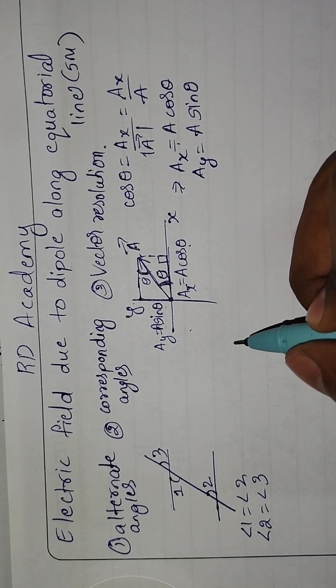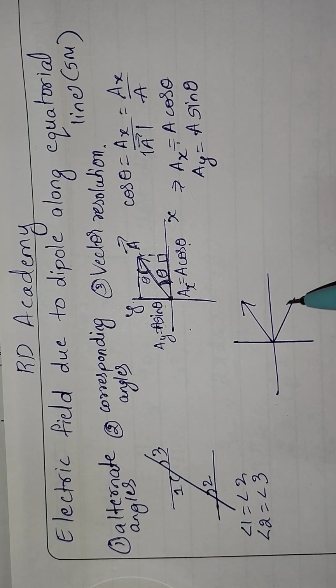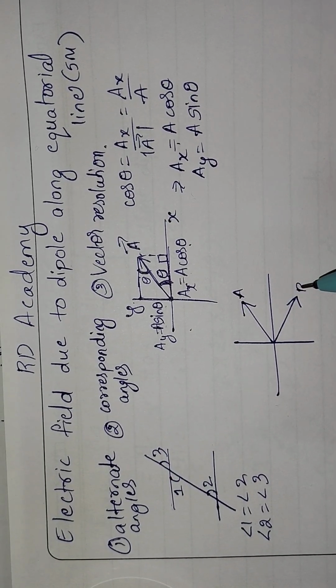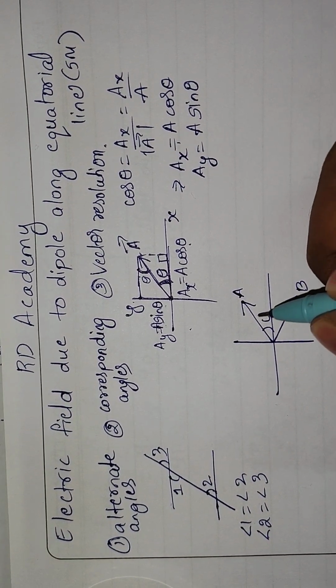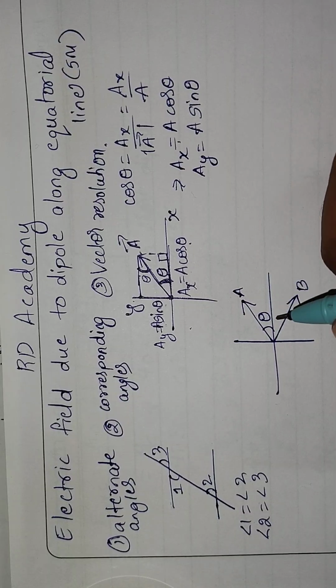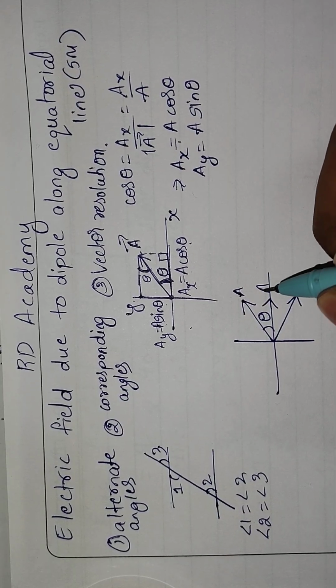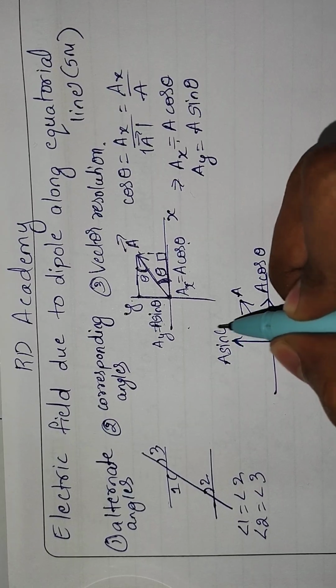Now let us say in an xy plane you have two vectors of equal magnitude like this, and this angle is theta. Then the A component along this direction is A cos theta and the y component is A sin theta.